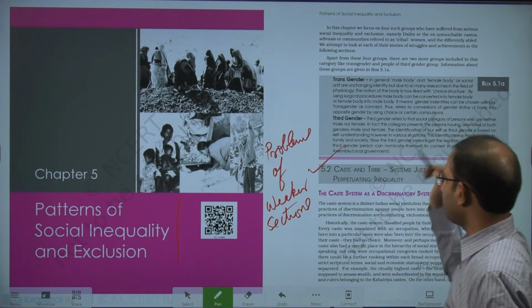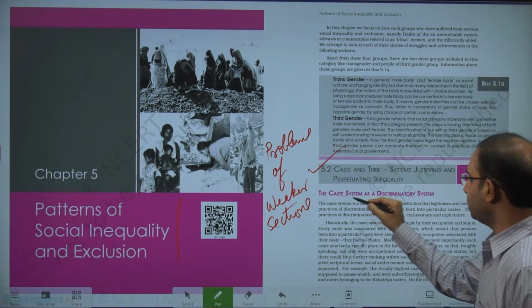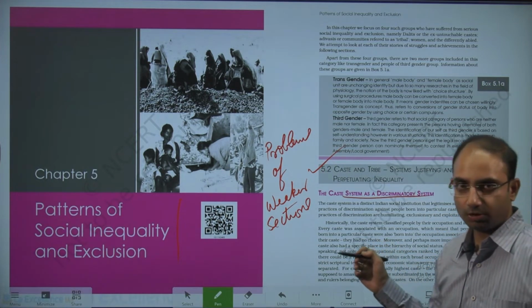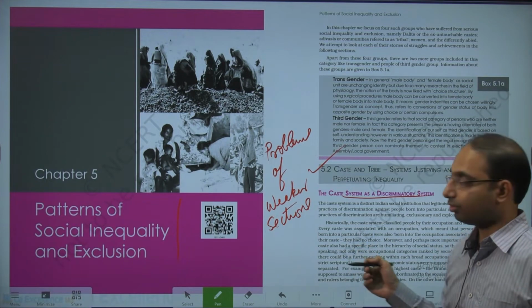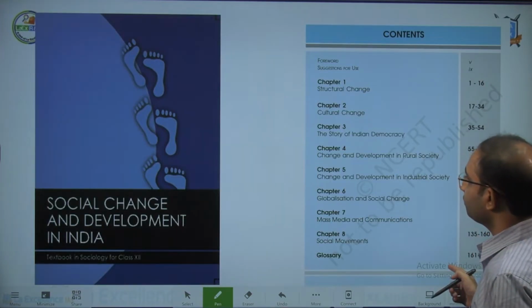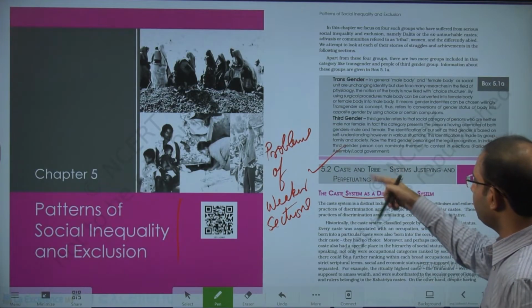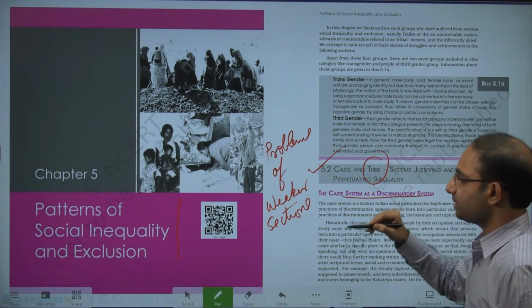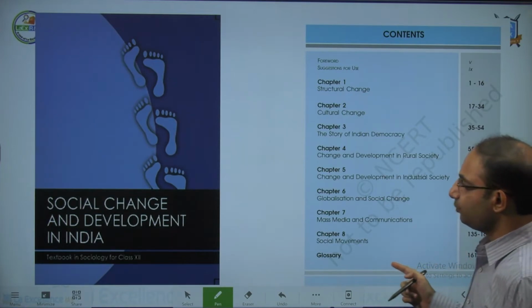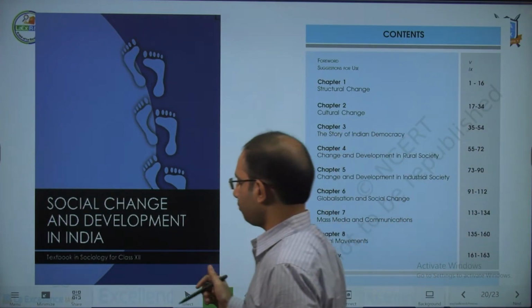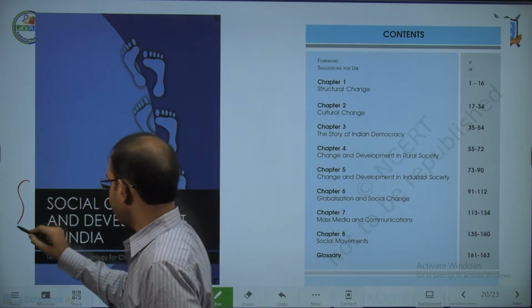Then the focus is on caste and tribe, so here how caste creates discrimination. We will discuss the problems of Dalits who experienced untouchability throughout history. And then we will also take up the issue of tribal people again and examine this from the point of view of solutions.